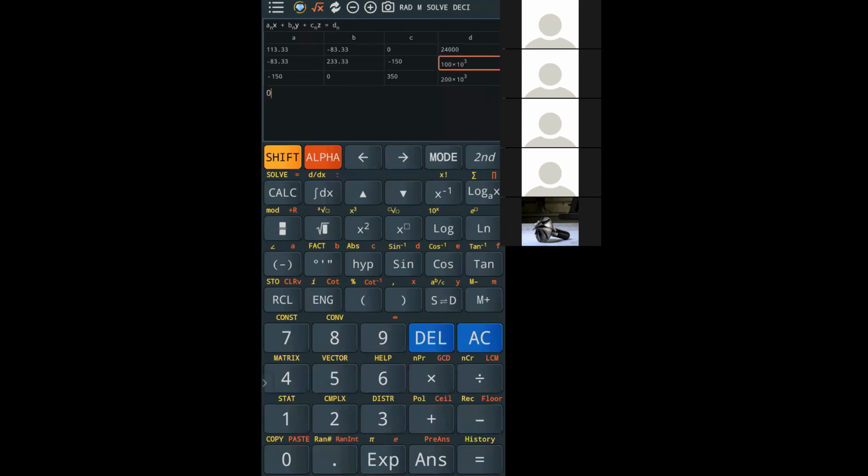Next, the coefficient of T2 is 0, of T3 is minus 150, of T4 is 616.67, equal to 9333.4.